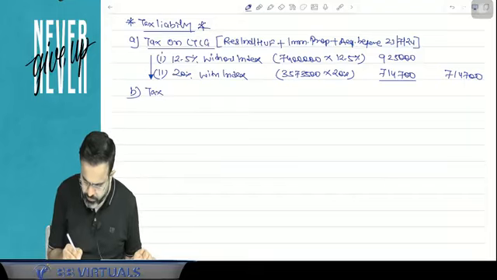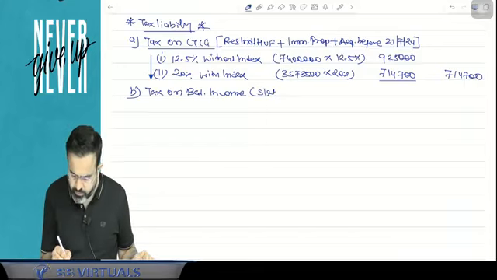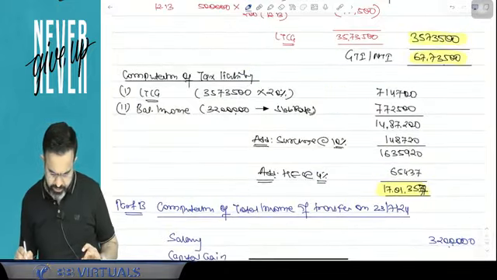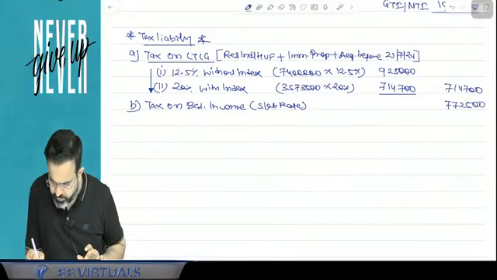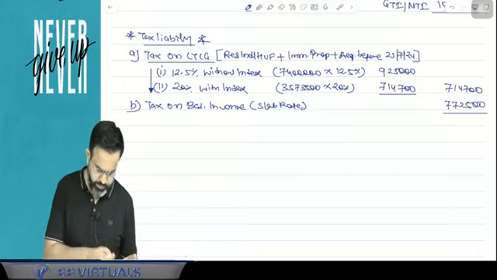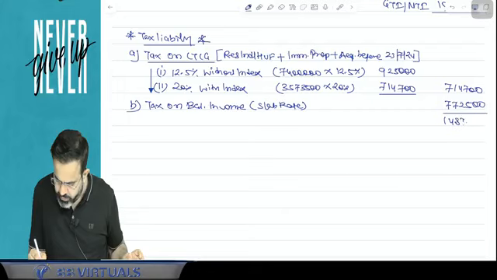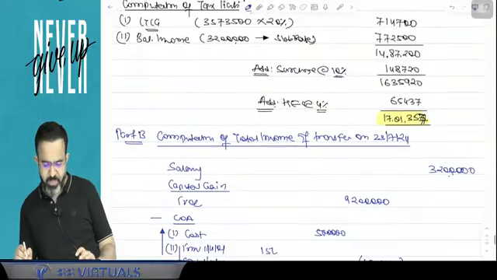And B, tax on balance income. The balance income is taxable as per slab rate, and your tax is 7,72,500. So 7,14,700 plus 7,72,500 is 14,87,200.